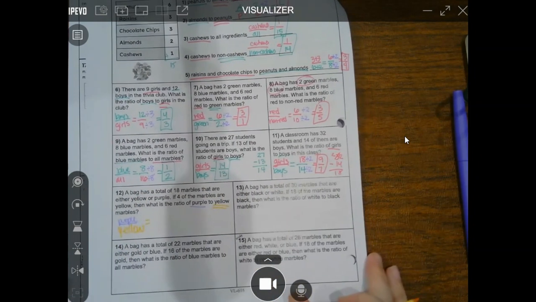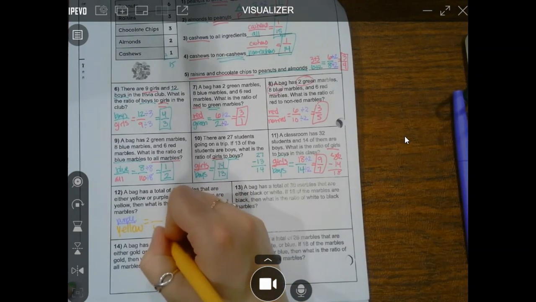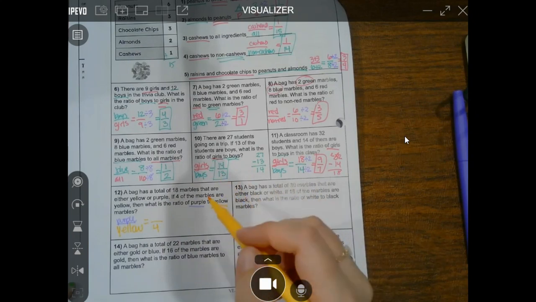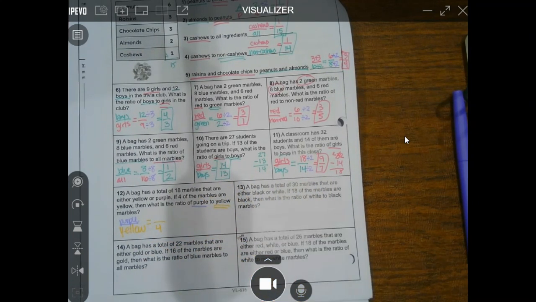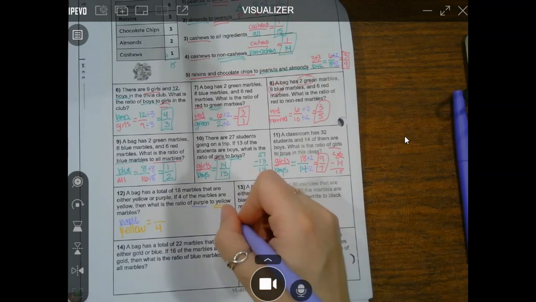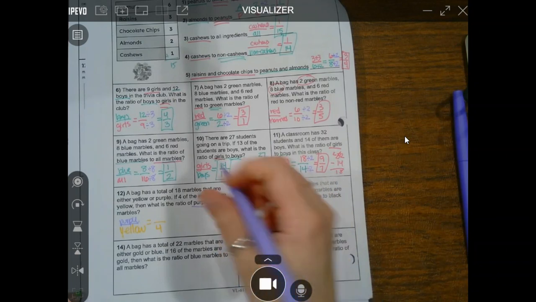Did they tell me the number of yellow? Yes, they said there was 4 yellow. And then they said 18 are either yellow or purple. Okay, so that's the total of those. So if 18 is the total and 4 of those are yellow, the remaining amount must be the purple. So there are 14 purple.